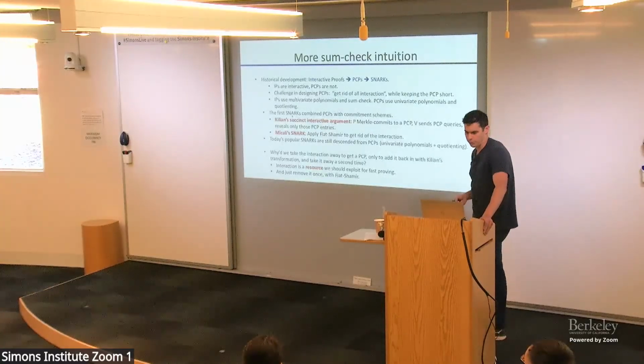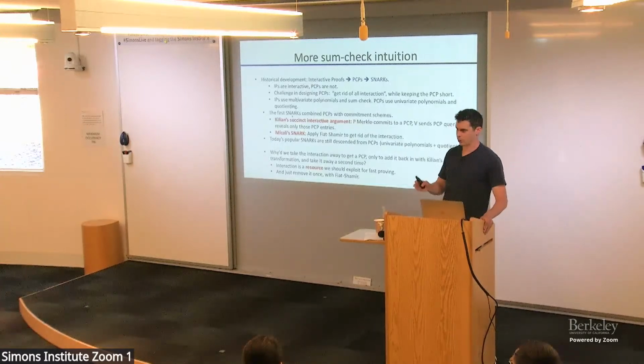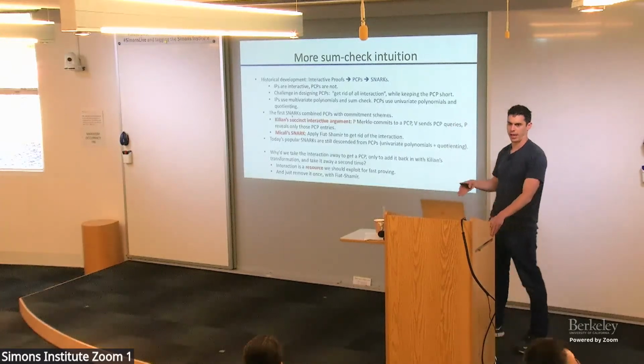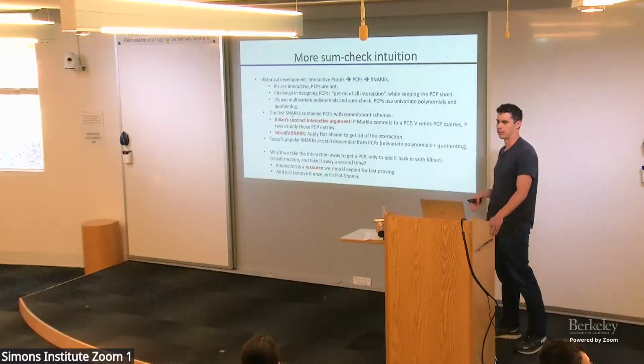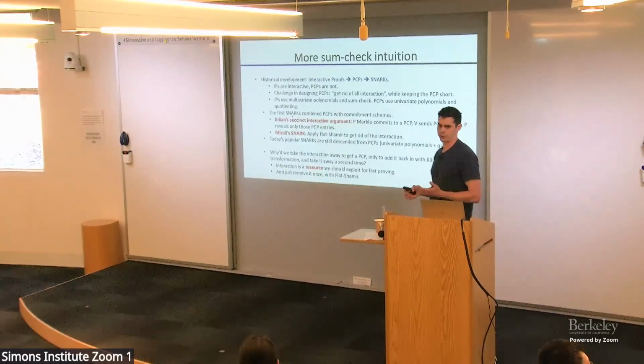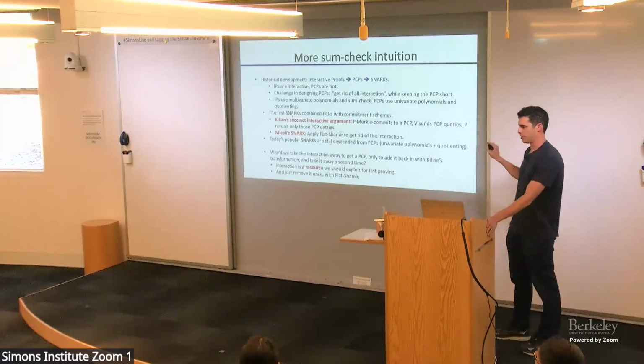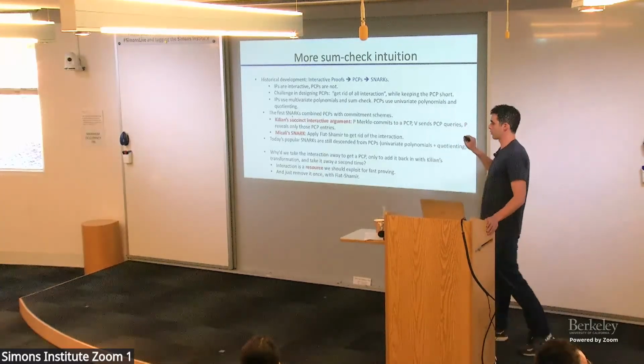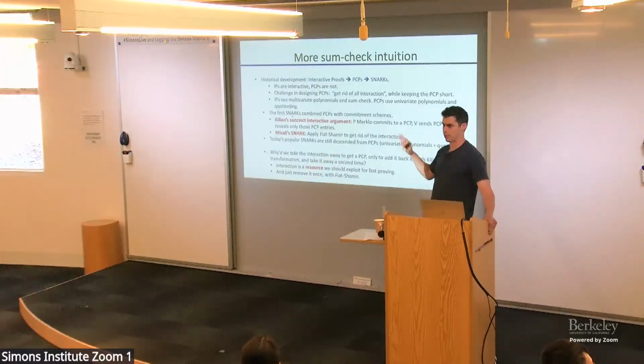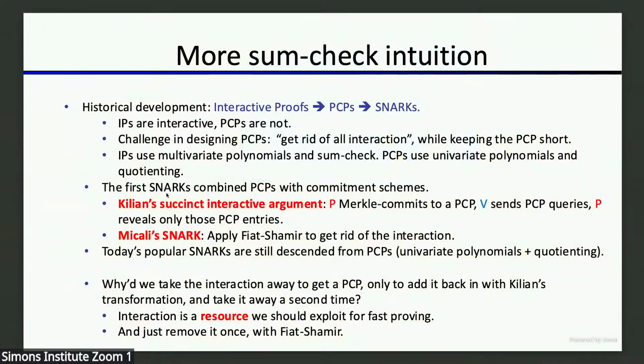Here's another view for why the sum-check protocol is useful, looking chronologically, historically, at how things evolved. Interactive proofs were introduced first in like 1985. Then PCPs came a little bit later. And then the first SNARKs were built on top of PCPs. We saw this morning the Kilian-Micali framework. PCPs use univariate polynomials and quotienting, whereas interactive proofs use the sum-check protocol.